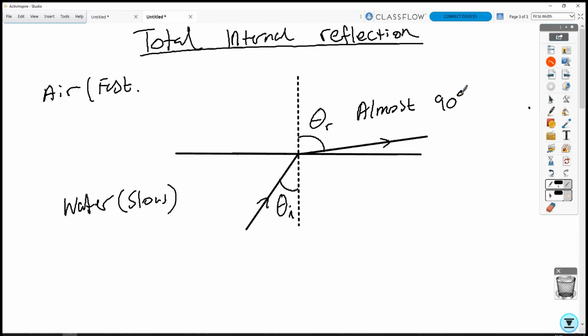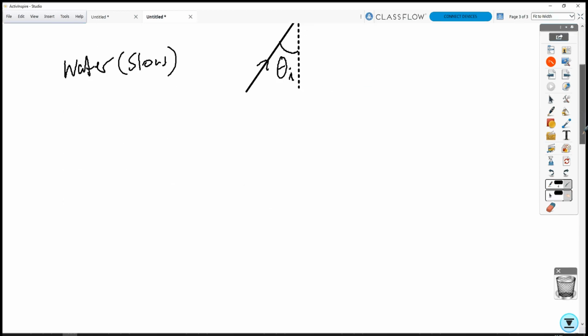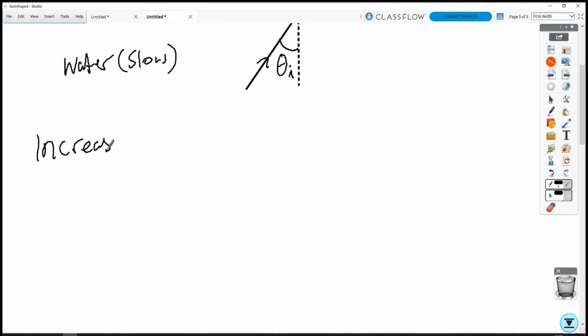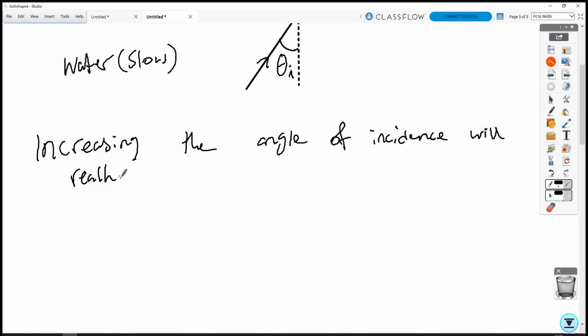So if we were to then increase the angle of incidence further, we will at one point reach something called the critical angle. At the critical angle, the light ray will travel perpendicular to the normal, along that boundary. So increasing the angle of incidence will reach the critical angle theta c.